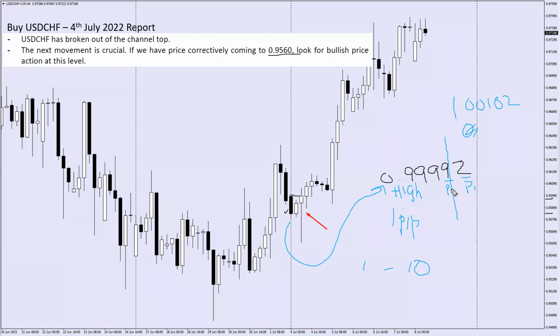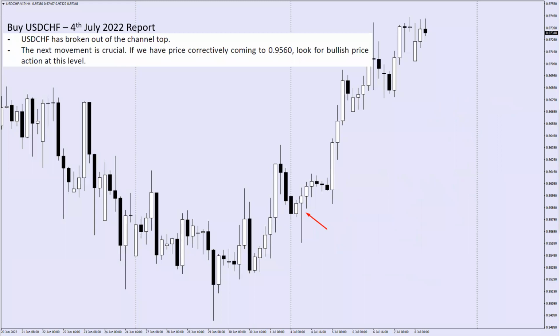That means it moves up by 1 pip, so it closes above. It closes 1 pip above, bump, trade trigger, we go. I hope that's clear for you guys.